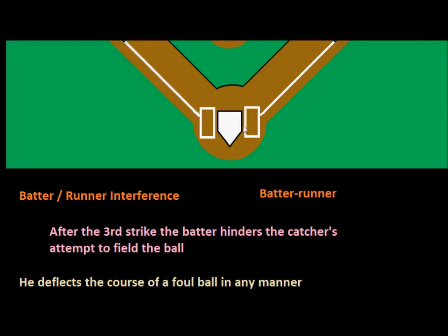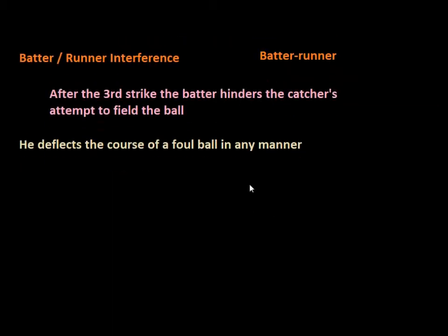Maybe the ball was fouled off and it's rolling down the line, and the batter is coming up beside it. He wouldn't be able to kick the ball into fair territory, or use his bat or any part of him to knock the ball fair, or he would be called out for interference.